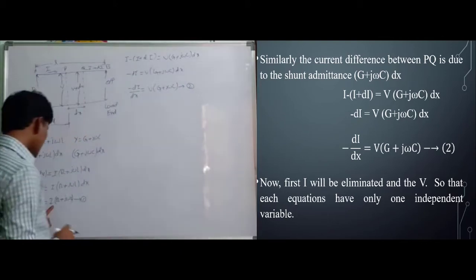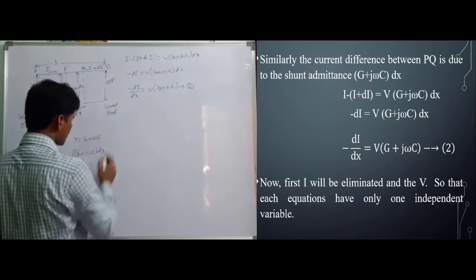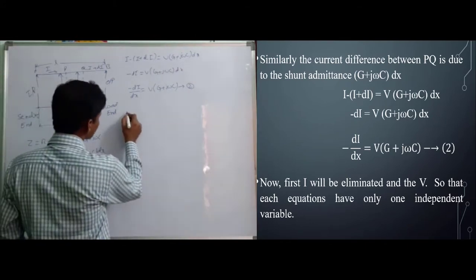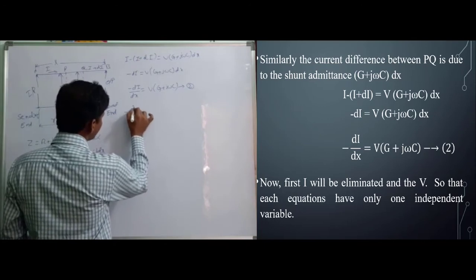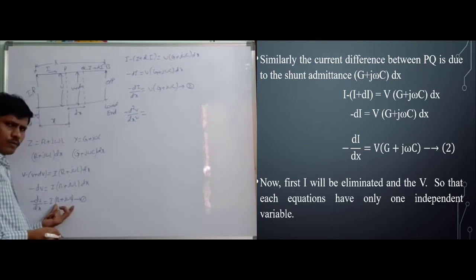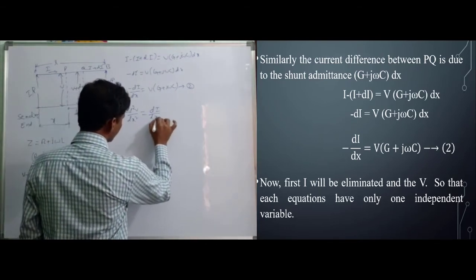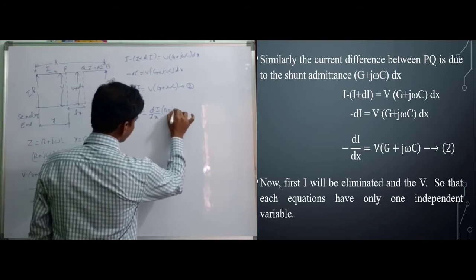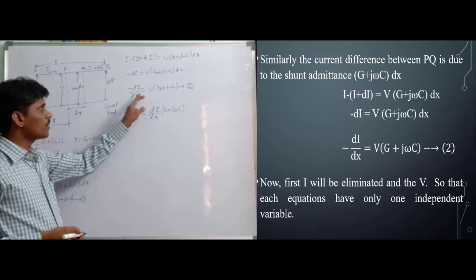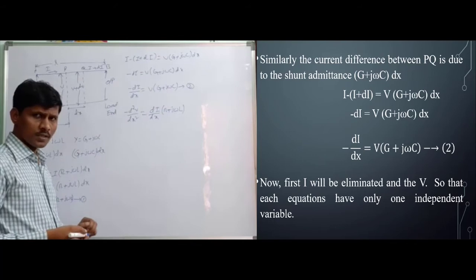So differentiating this equation 1 with respect to x, minus d square V by dx square is equal to (R plus j omega L), which is constant, into dI by dx. From equation number 2, what is the value of dI by dx? Minus V into (G plus j omega C).